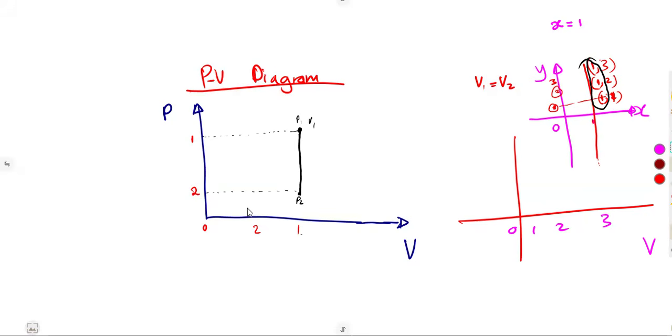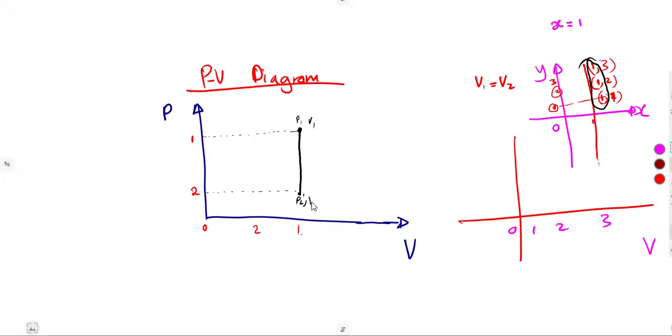We're supposed to write it as V2 because the volume has changed, but the volume is not changing. We would have a different condition if we were at a point where the pressure is 2 and maybe the volume is 2, somewhere like this, and then we can join the two as they change. But in this case, the pressure only changed from point 1 to 2, but the volume is still at 1.